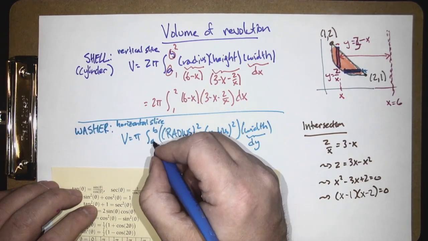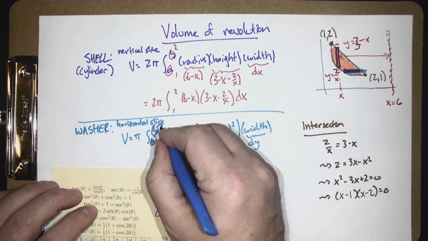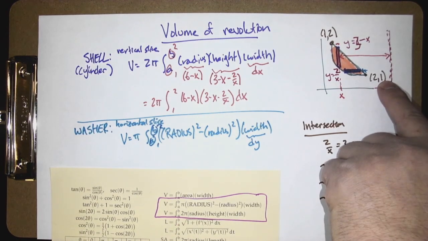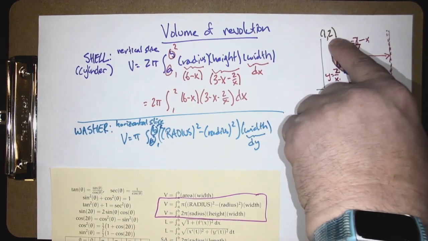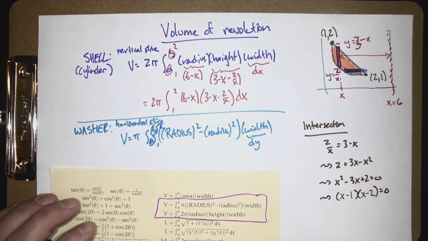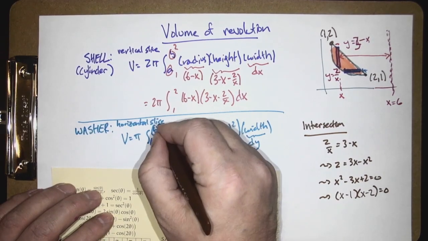Good. But it's a different 1 and 2, right? It's y equals 1 to y equals 2. You knew it. It was very dramatic. I was building up to something. You cracked my very unsubtle code. Okay. All right. So we've got our bounds.